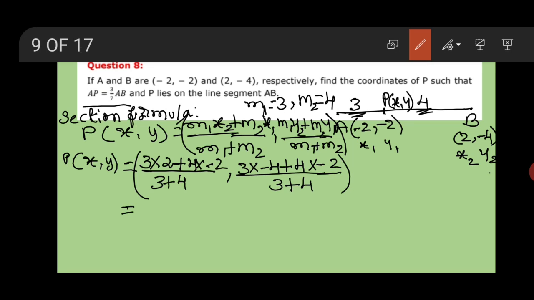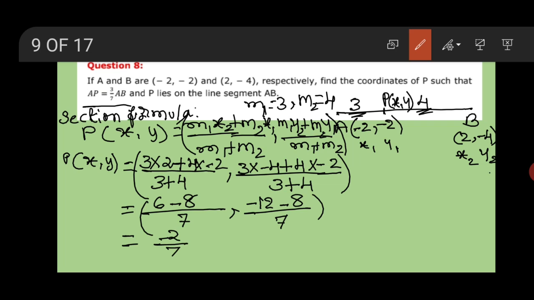Simplify again. 3 2s are 6, minus 4 2s are 8, by 7, is equal to, 3 4s are minus 12, here minus 4 2s are 8, divided by 7. So it is equal to 6 minus 8 is equal to minus 2 divided by 7, here minus 20 divided by 7.